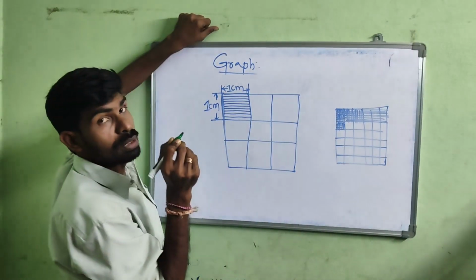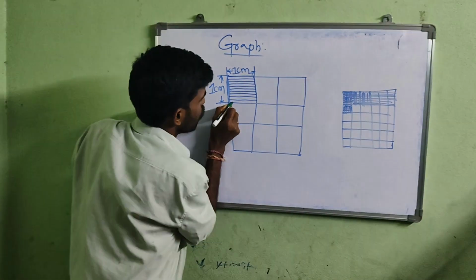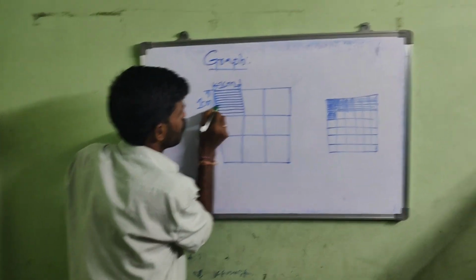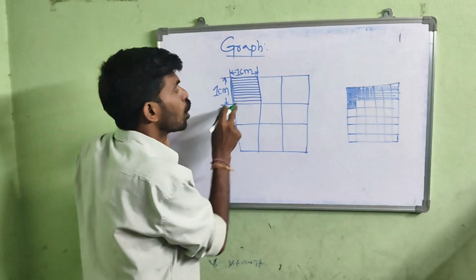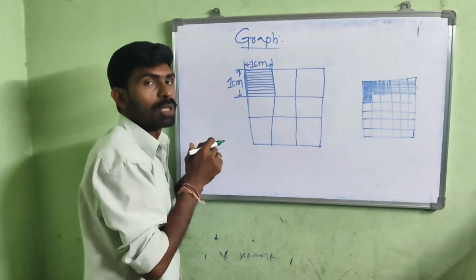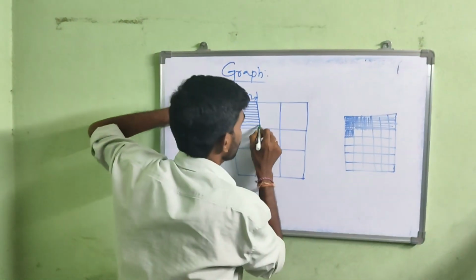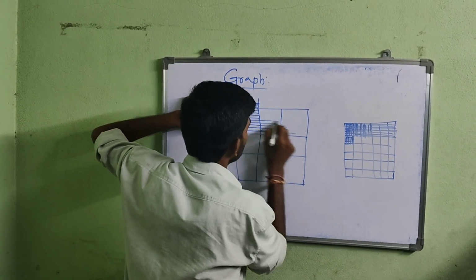Total 10 divisions means 10 spaces. You can see this is one space, second space, third space, fourth, fifth, sixth, seventh, eighth, ninth, 10. Total 10 spaces are there. That means we are dividing into 10 divisions horizontally. These lines are extending from here.